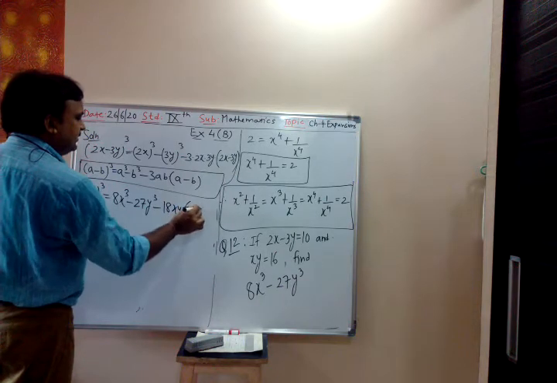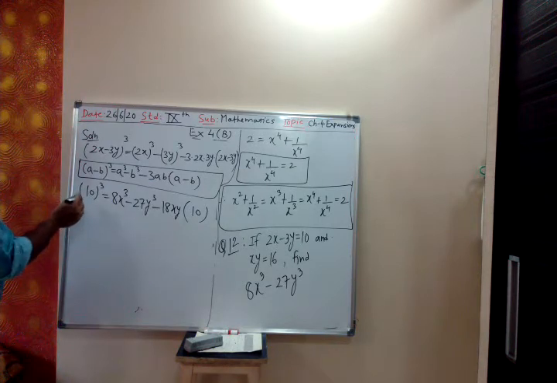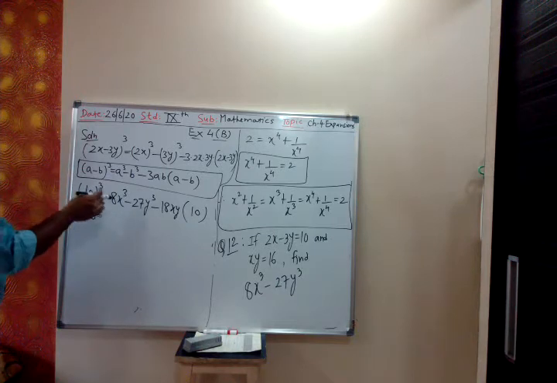This value is given 10. Simplify. 10 cube is 10 into 10 into 10, 1000.